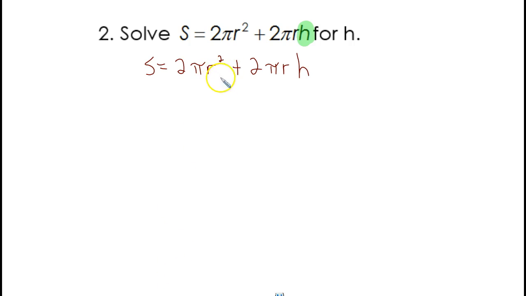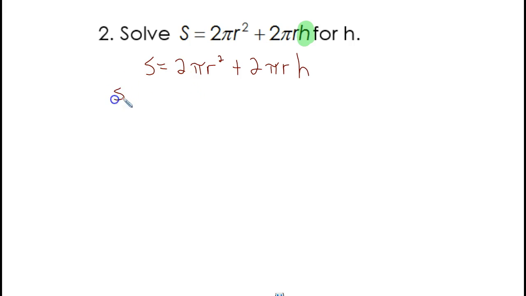But our goal is to get h by itself, and the easiest first step, I think, is going to be to get rid of this term that does not have an h in it. And since it's all products of 2 and pi and r squared, it's all one term, one thing. I can subtract that whole thing from the other side of the equal sign. So really I'm subtracting it on both sides.